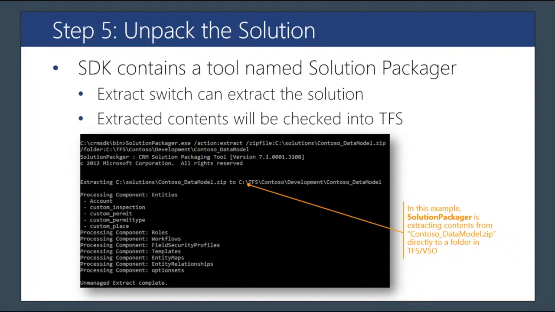You take those extracted solution components, go into Visual Studio, and tell it to look at the solution folders that you've created in your Visual Studio solution. It will pull those files in, and then you can check them in. That's the first set of steps to get your solution out of your Dynamics 365 development instance into Visual Studio Online.